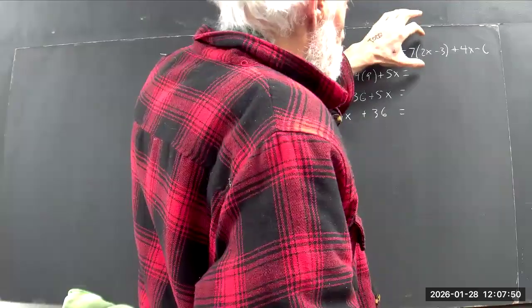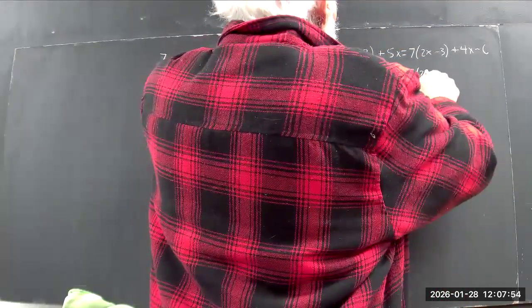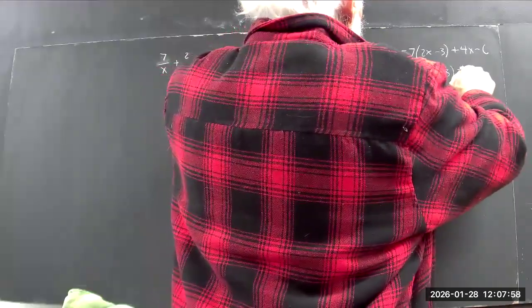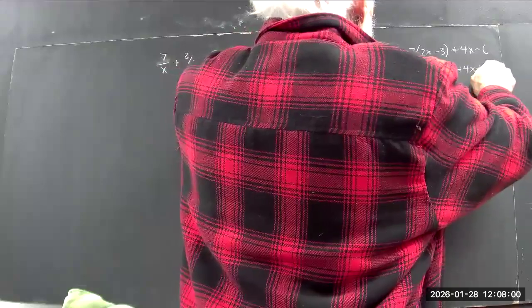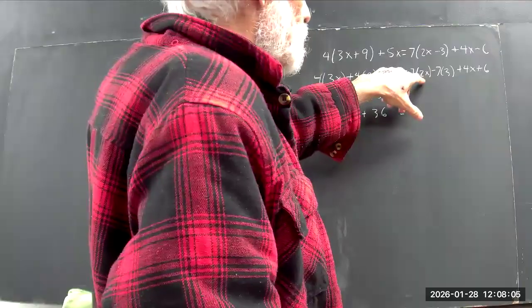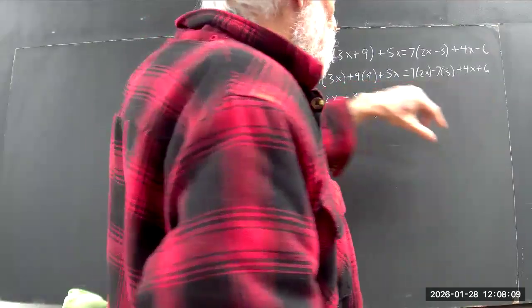Multiplying the 7 times the quantity 2x minus 3, we have 7 times 2x minus 7 times 3. And then we have 4x and 6. So we have 7 times 2x minus 7 times 3 plus 4x plus 6.